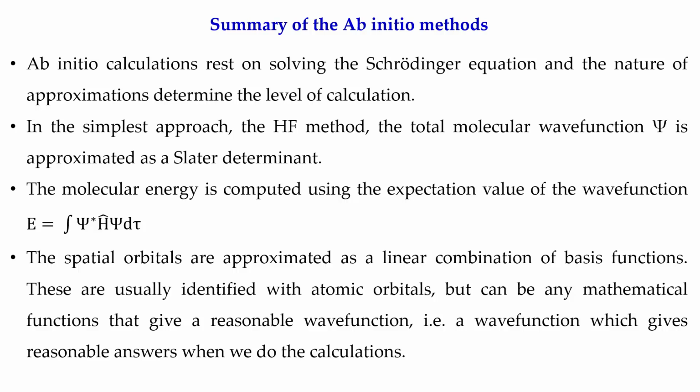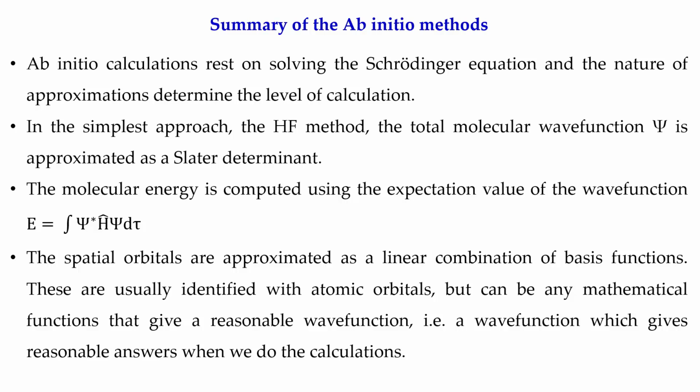The spatial orbitals are approximated as linear combinations of basis functions, that is the basis set, and these are identified with atomic orbitals, but sometimes any type of mathematical wave function can be taken, that is, a wave function which gives a reasonable answer in the calculations.